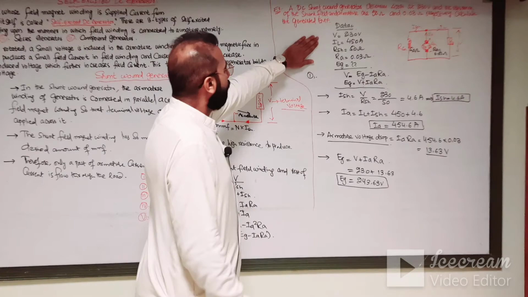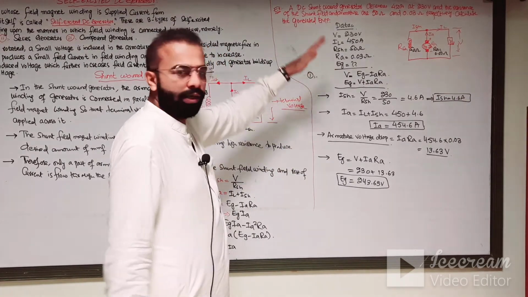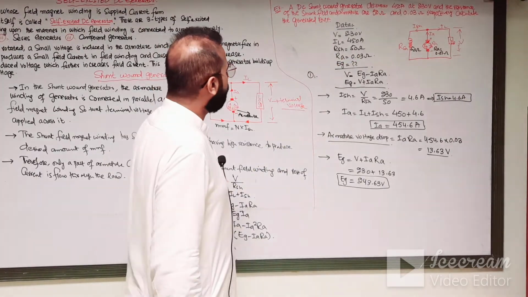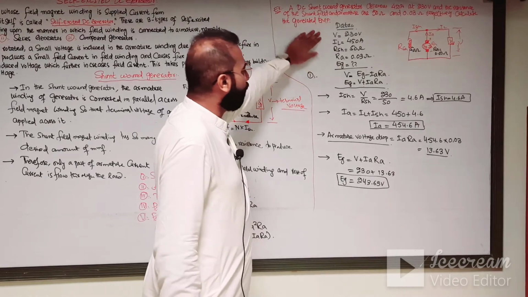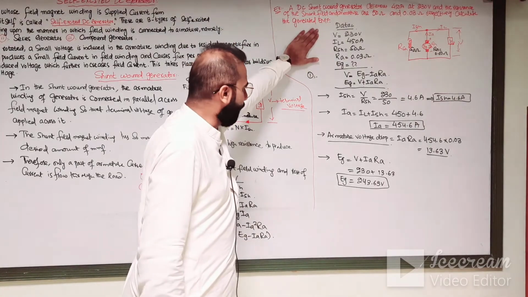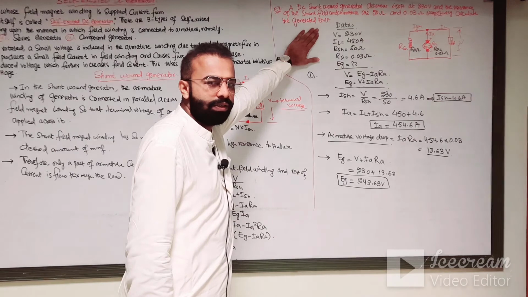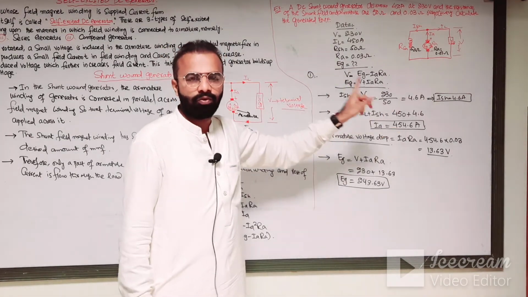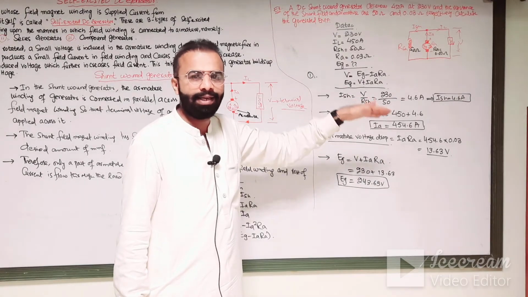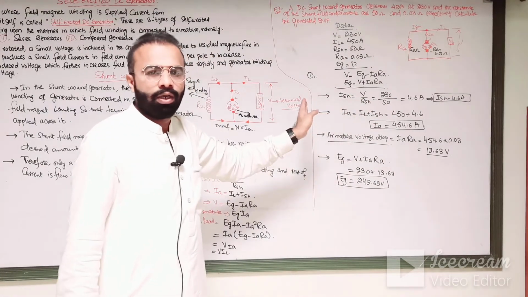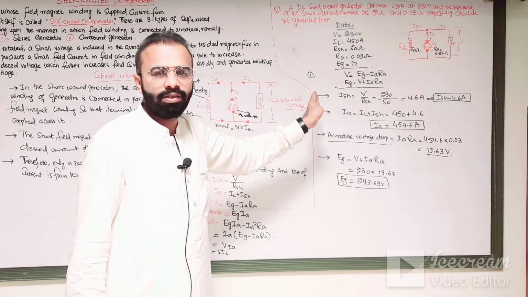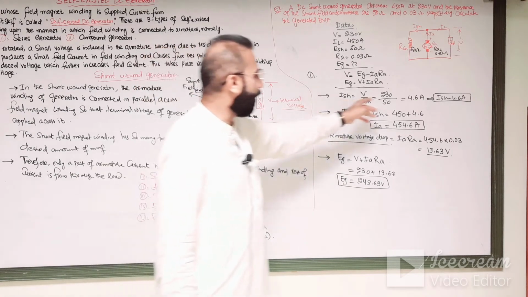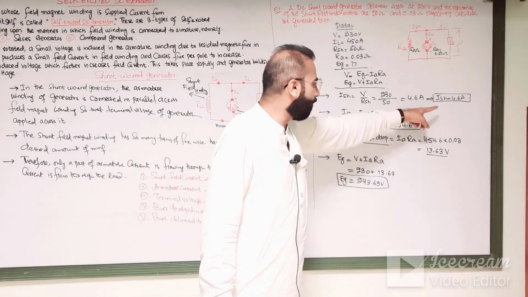So this was the problem related to the DC shunt wound generator, where we have data and have to find the generated EMF. The formula for the generated EMF is EG equal to V plus IA RA. First we calculate I shunt equal to V over R shunt, which is 4.6 ampere.